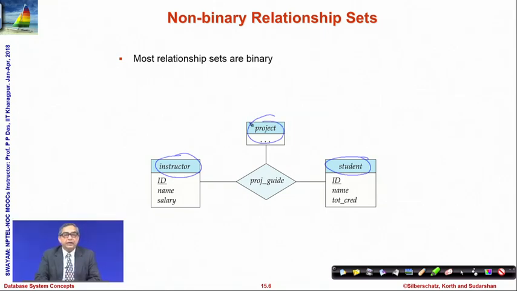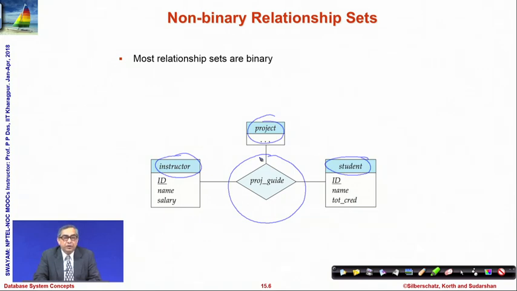The project entity set is a list of projects being done by the students or to be done by the students. The relationship project guide is a relationship between the guide, who is an instructor, the student who will do the project, and the project that has to be performed.